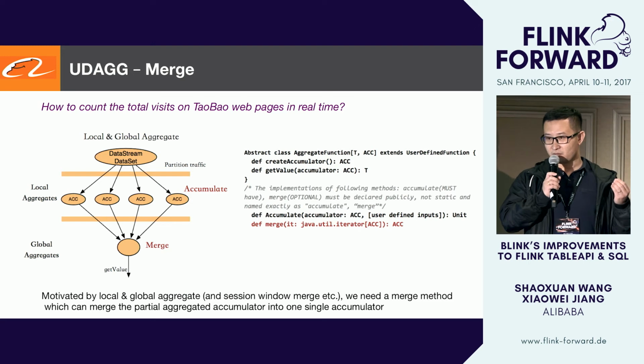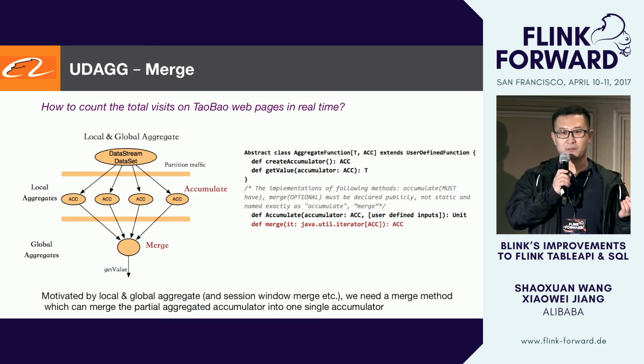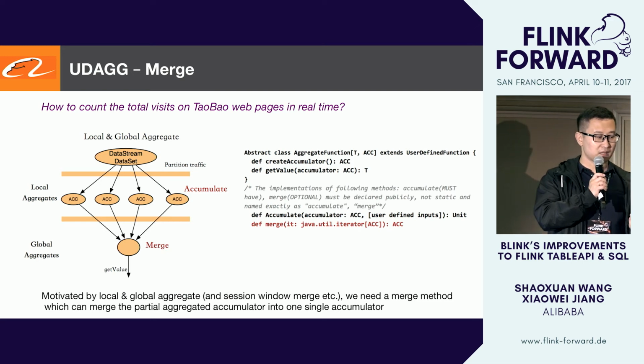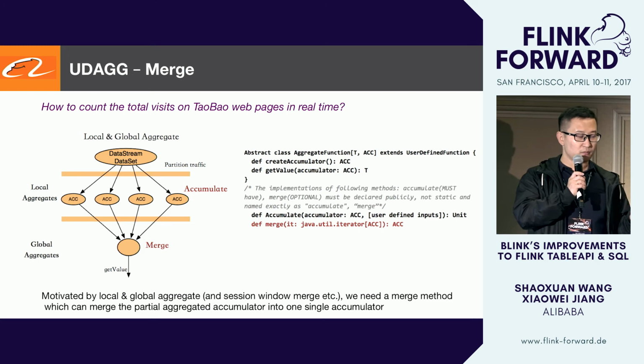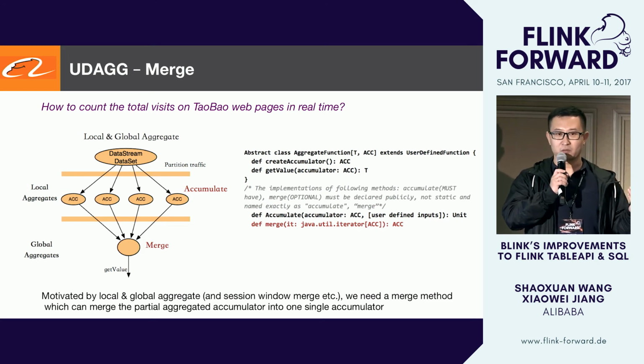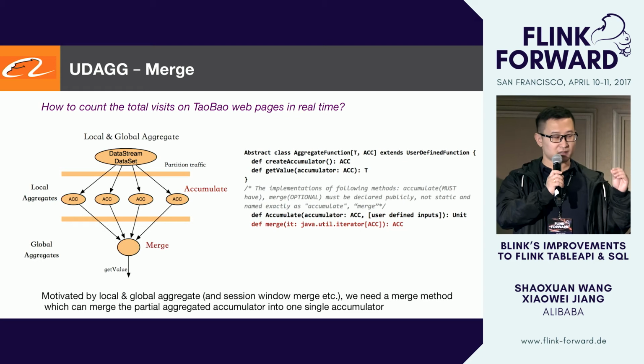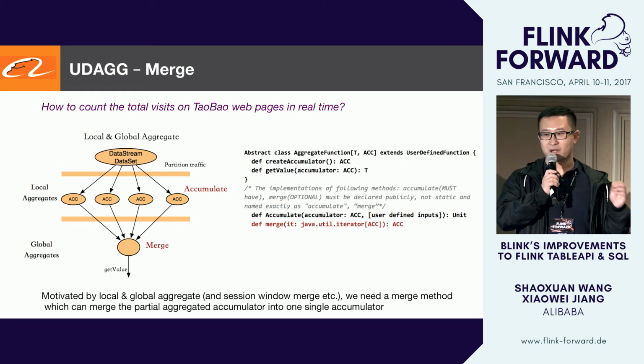So another better approach we came up with is two-stage aggregate. We call it local-global aggregate. In the first stage, we partition the traffic to different nodes. Basically, we split the traffic and split the load. In the first stage, we do the partial aggregate, and then we get the accumulator.